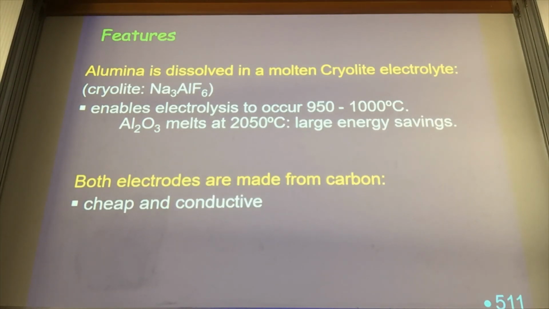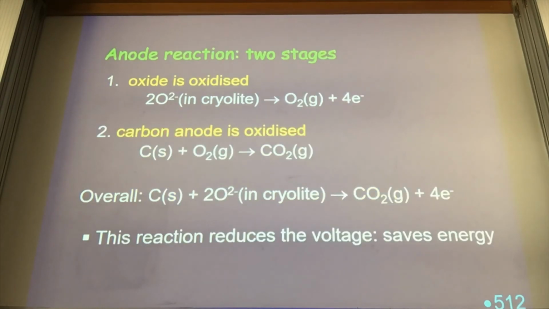Carbon is reasonably cheap and conductive, stronger and more durable than iron. And it's very important to reduce energy costs as well. So there's a two-step reaction at the anode. You get oxide ions, and the state of course is in cryolite. Oxide ions being oxidised to oxygen gas.